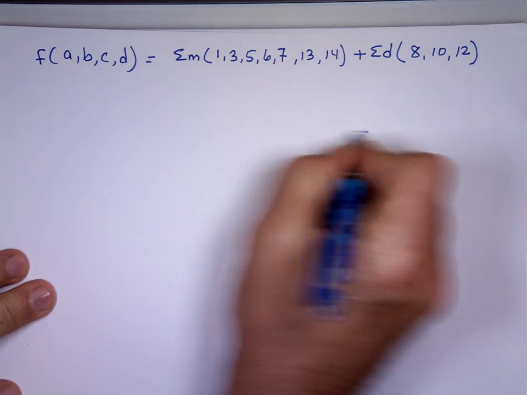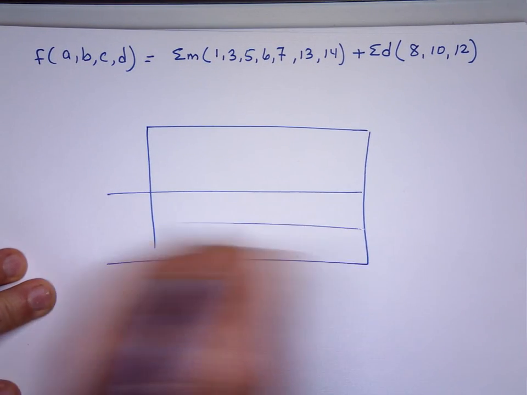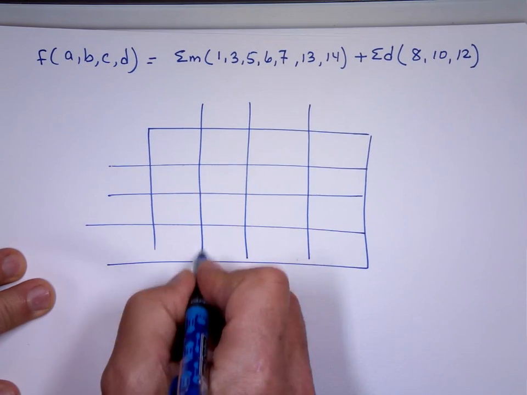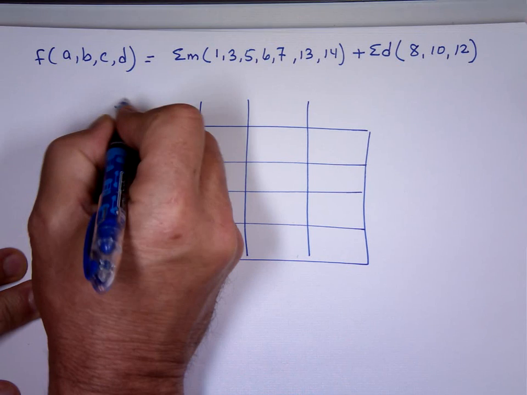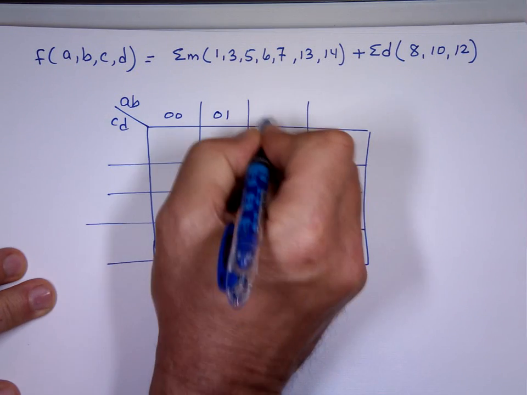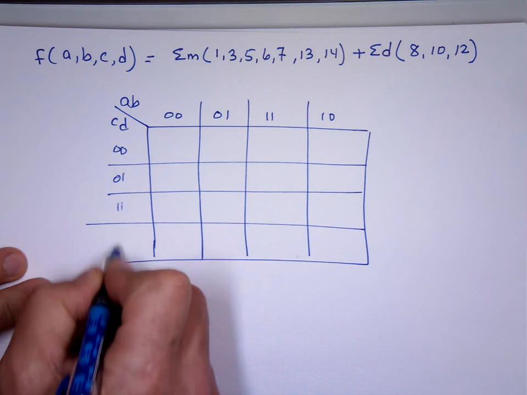Again, it's a 4-variable K-map. A, B, C, D. 0, 0, 0, 1, 1, 1, 1, 0.